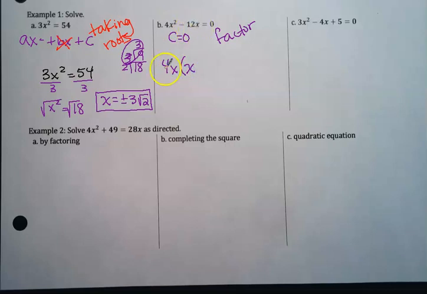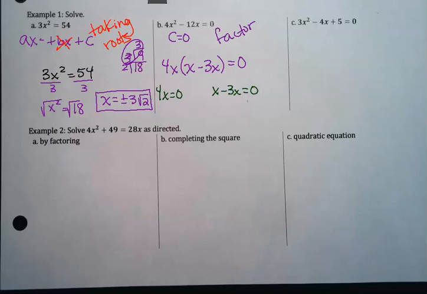Negative 12x divided by 4x leaves us with a negative 3. Remember that equals 0. Now we split it. So then we have 4x equals 0 and x minus 3 equals 0.